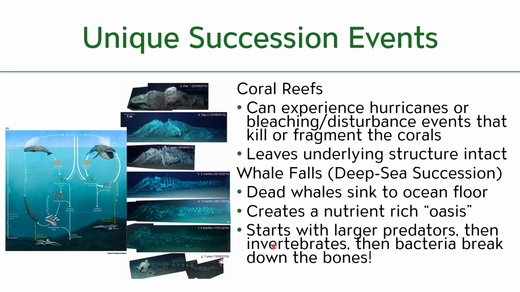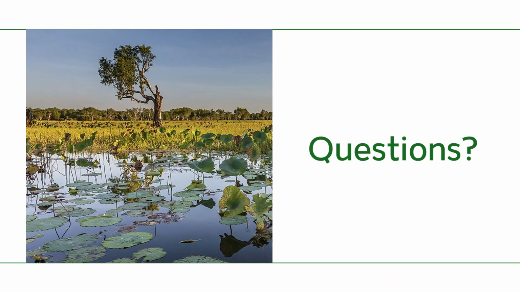And then you get more invertebrates coming in and kind of picking it clean until there's just a carcass left. And then bacteria will come in and break down parts of the bones as well, leaving just the abiotic components of the bones behind, the hard calcium part. And then that can serve as a coral reef for future organisms, which is just really cool.